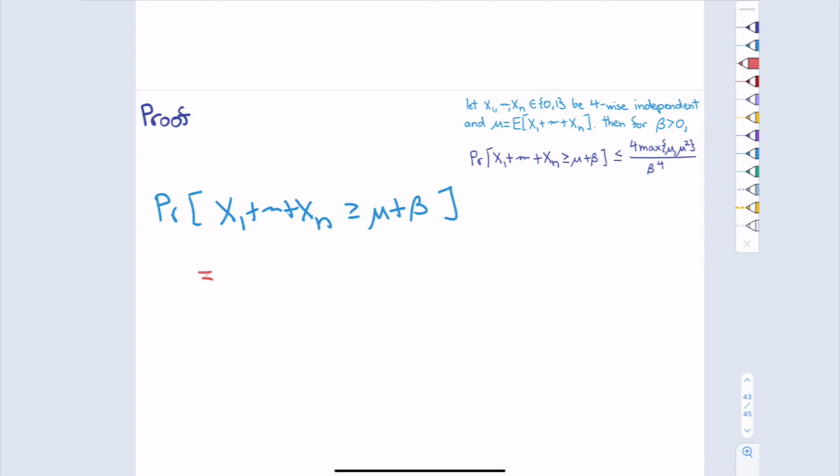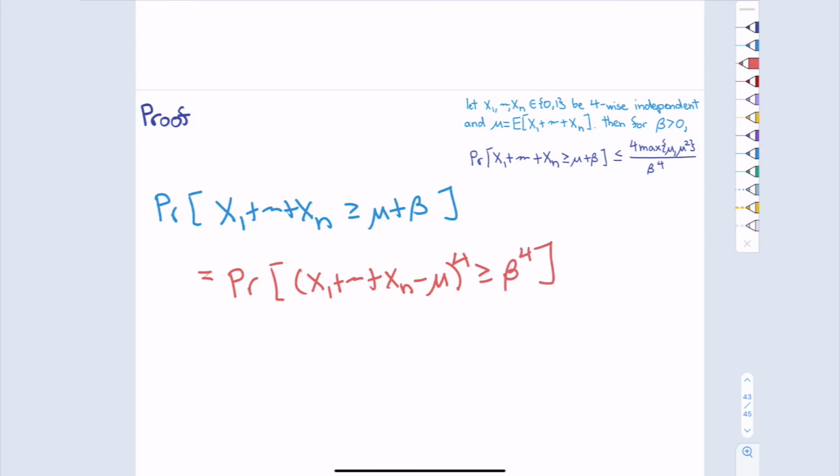Here we'll do something weaker, but appropriate for 4-wise independent random variables, which is I'm going to take the 4th power. It's a little bit more convenient to subtract the expected value first.